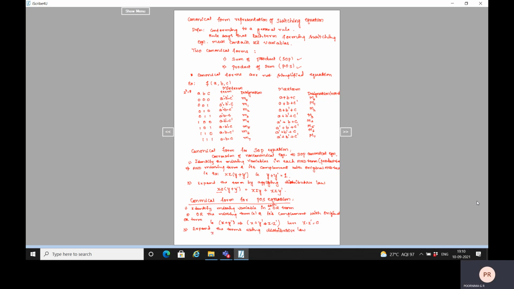This law states that x plus y bar plus z z bar can be distributed amongst the variables as x plus y bar plus z as one term, multiplied with another term x plus y bar plus z bar.